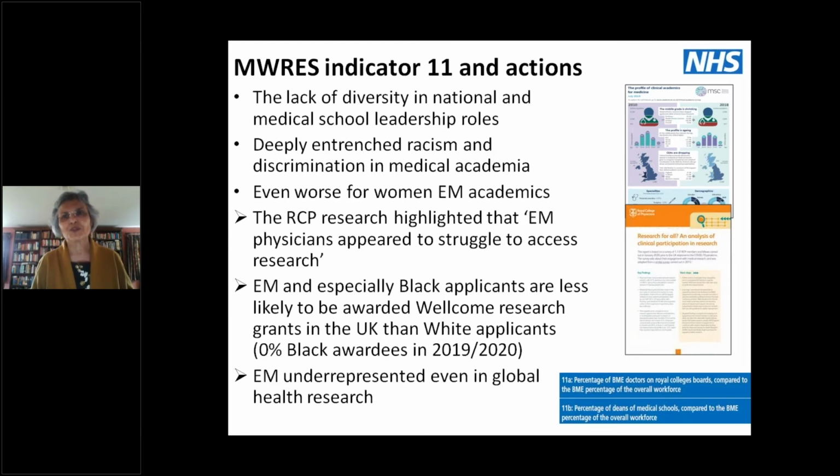And what we see is a lack of ethnic minority people at the top leadership of academia. There is underrepresentation even in global health research. Generally it's white professors who go out to places like India and Africa to do research. You don't have ethnic minority diaspora engagement in this because they've never been encouraged to come into those positions.